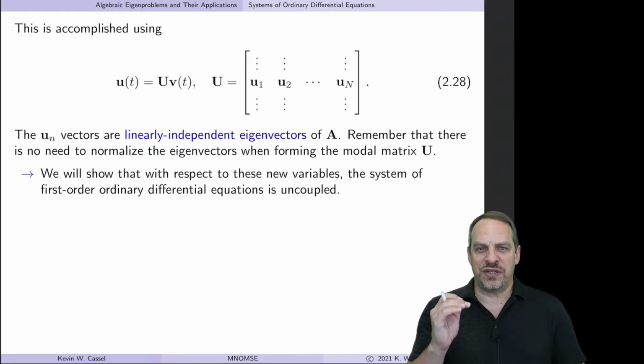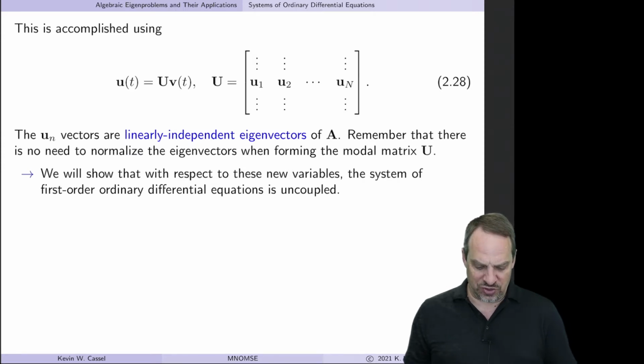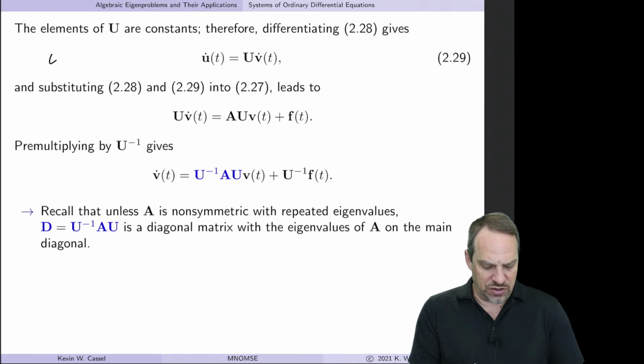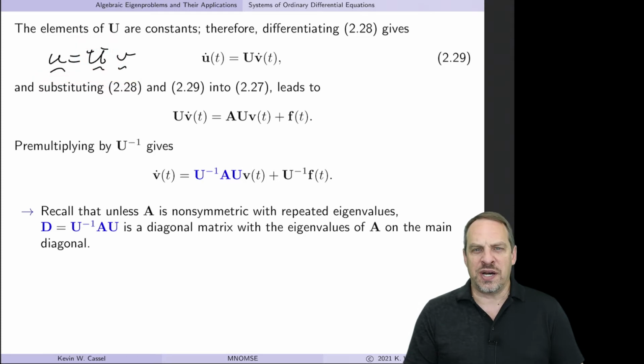So let's show that that does indeed diagonalize our system of ordinary differential equations. So we had u is equal to capital U v. Okay, that's our transformation. If I differentiate that, the elements of U are constants, so that would be u dot is equal to capital U times v dot.